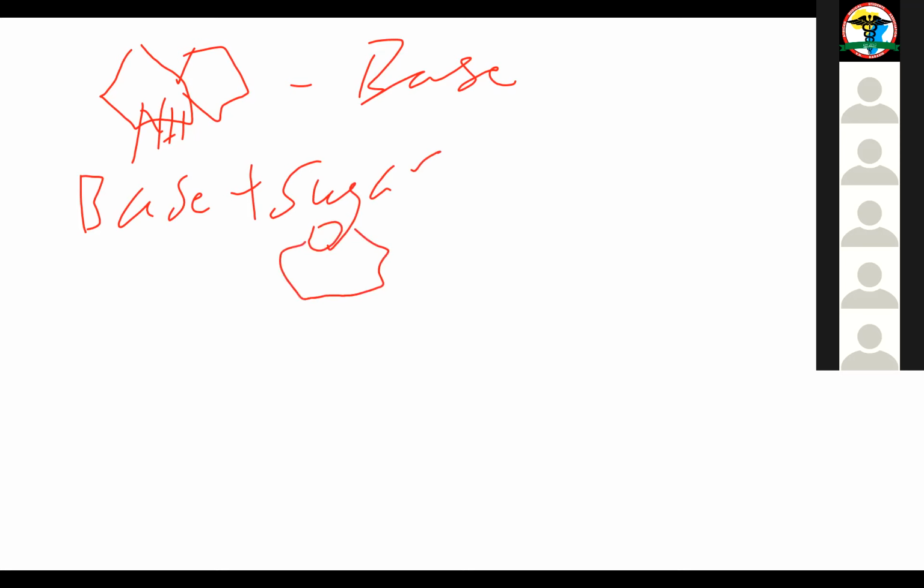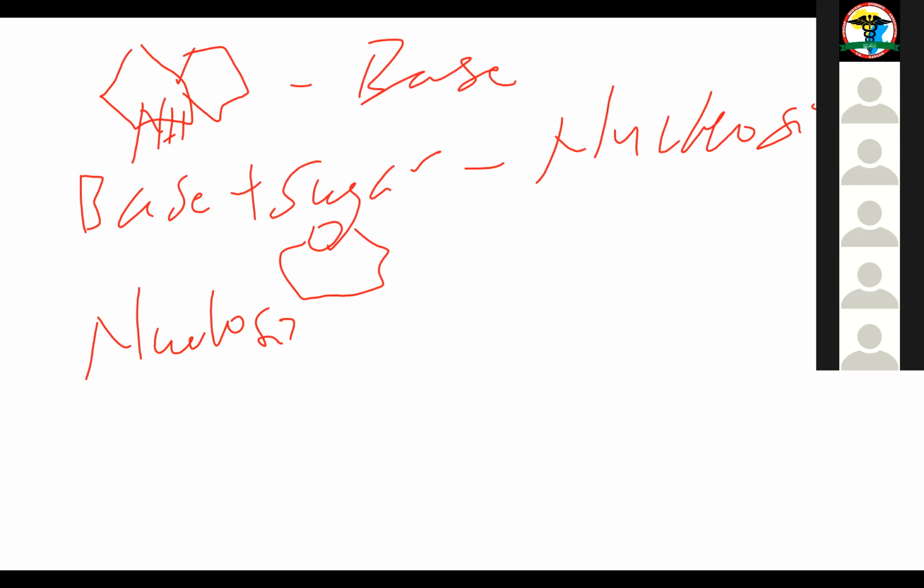When you add the ribose sugar to it, it becomes what? A nucleoside. When you pick this nucleoside and add phosphates to it, it becomes what? It becomes a nucleotide.